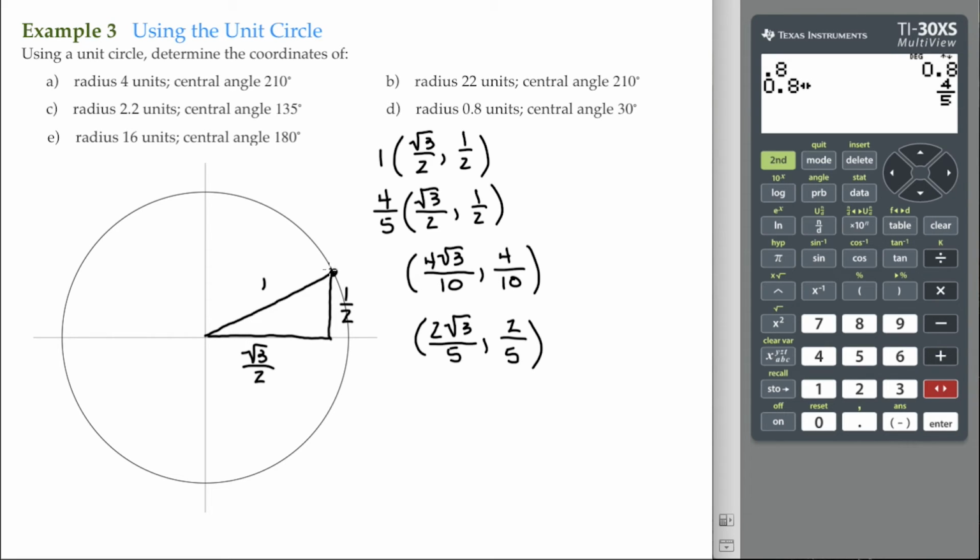So the coordinate of a point with a radius of 0.8 units and a central angle of 30 degrees is 2 root 3 over 5 and 2 over 5. We have one more.